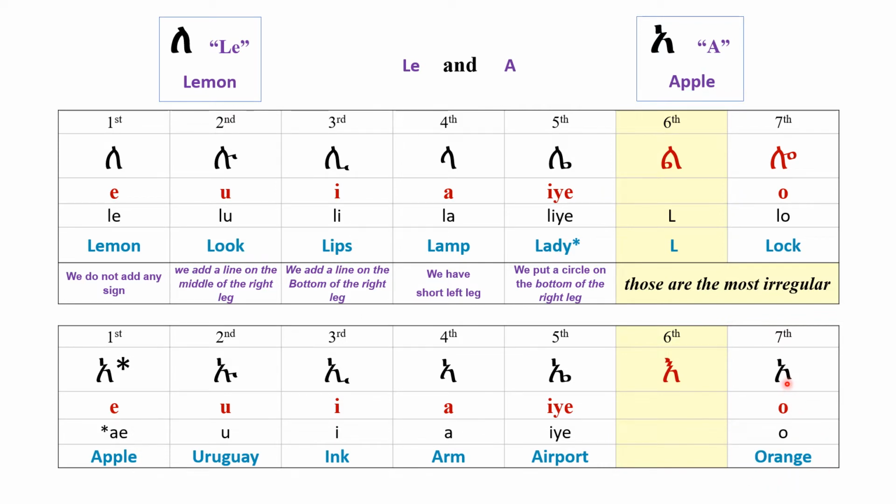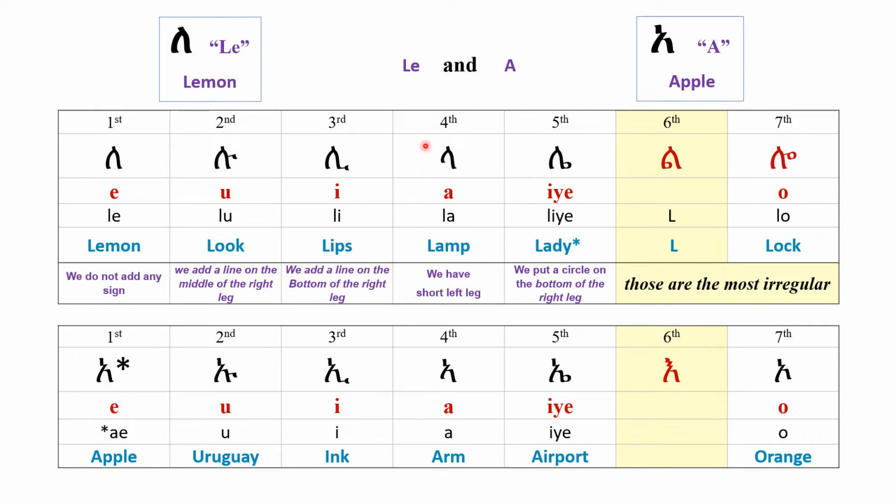Now let us see how we put the signs. By the first row, we do not add any sign. By the second row, we add a line on the middle of the right leg. By the third row, we add a line on the bottom of the right leg.